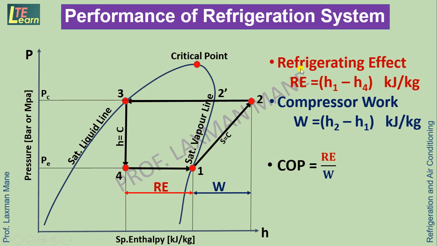The desired effect means the cooling effect, that is the refrigerating effect, and the input is the compressor work. So COP is the ratio of refrigerating effect divided by work. In enthalpy form, COP is equal to H1 minus H4 divided by H2 minus H1.